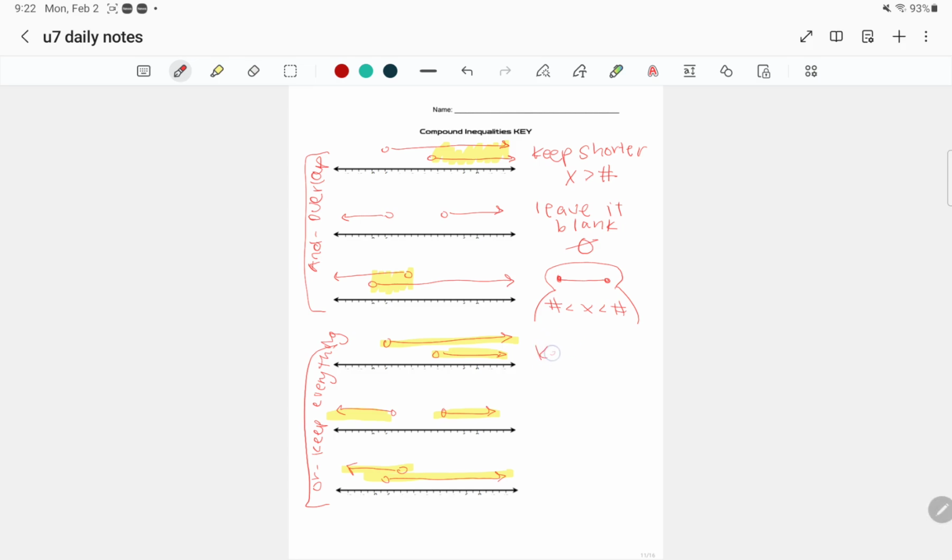Okay, that means you keep the longer one. And so you're going to keep whichever one's the longer one. This means you keep this or this. So x is less than something or x is greater than something.